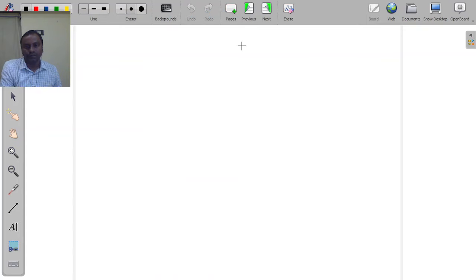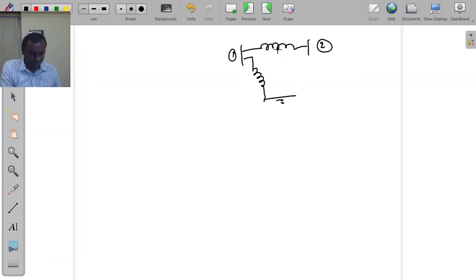Now this is bus 1, this is the reference, this is bus 2. Bus 1 we have already connected. Now we are connecting the old bus 1 with a new bus 2 having j0.2, here j0.1.